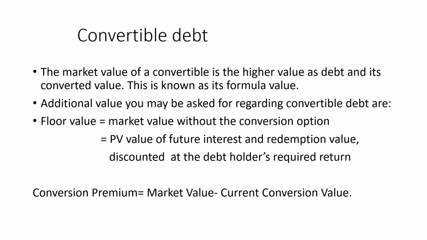Once we have calculated the floor value, the second thing is the conversion premium. The conversion premium is market value minus the current conversion value. So in this case we can see the convertible value for the debt.